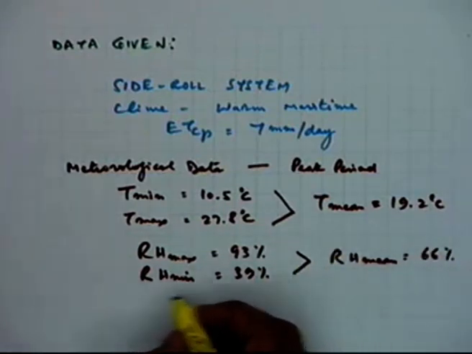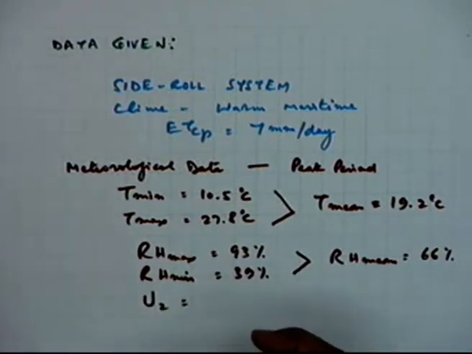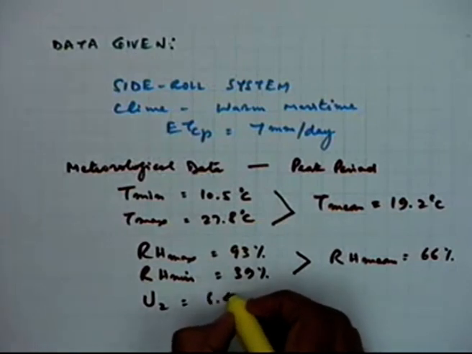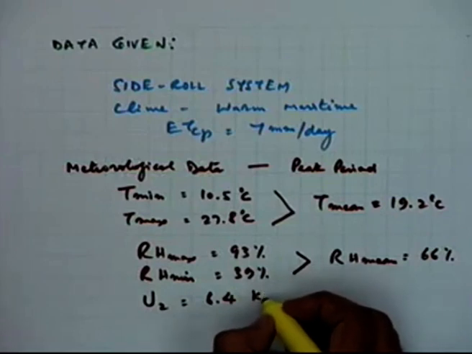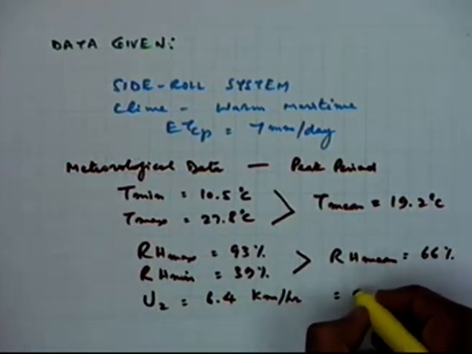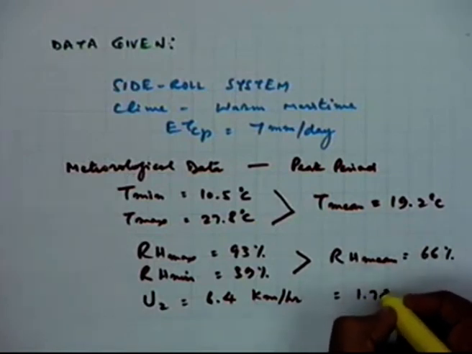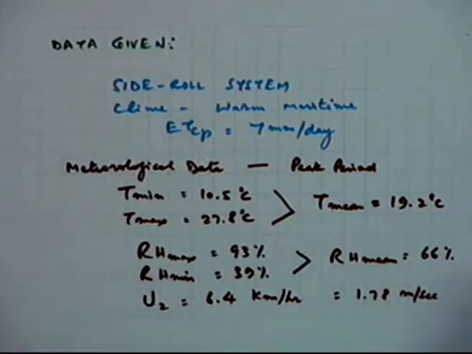Then you have the wind speed at 2 meters height, given to be 6.4 kilometers per hour, or if you want to convert that, you might need it in meters per second, 1.78 meters per second.